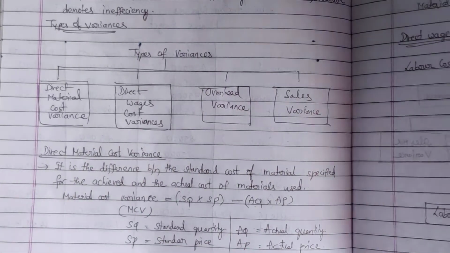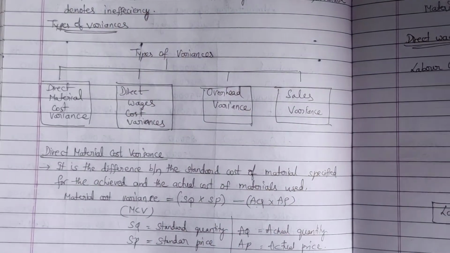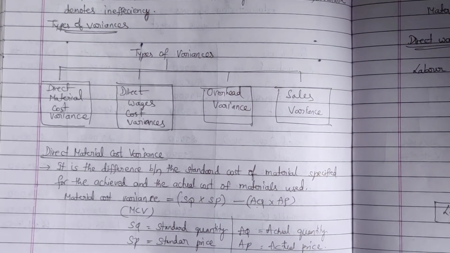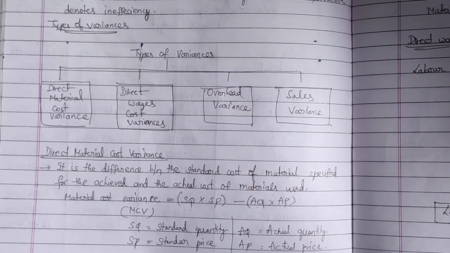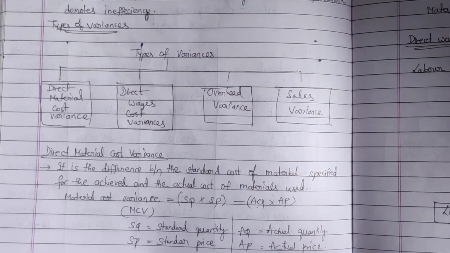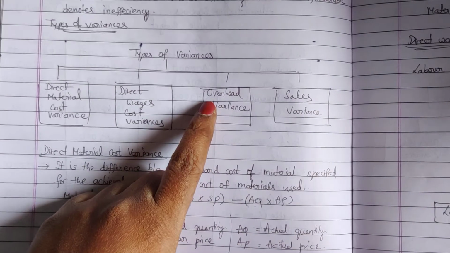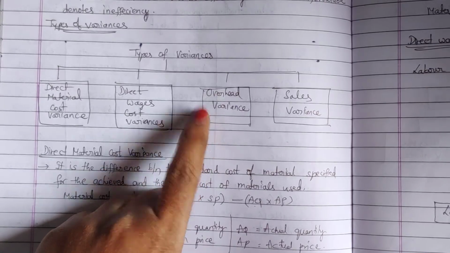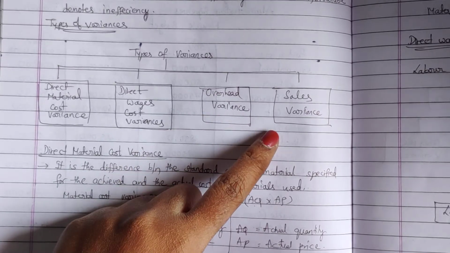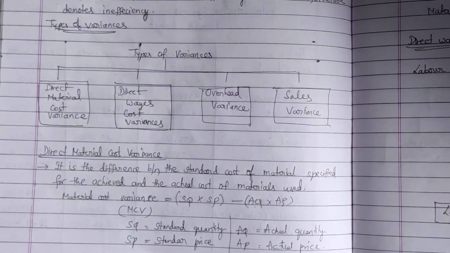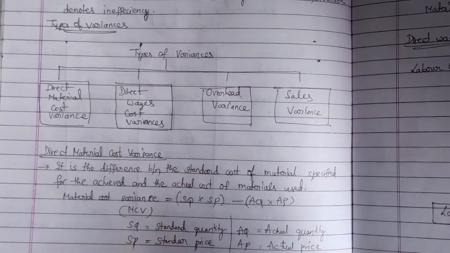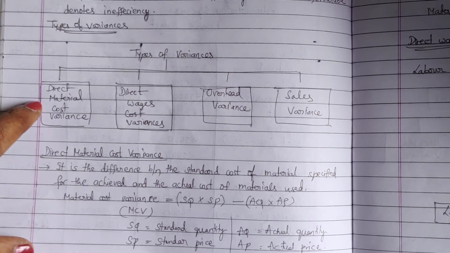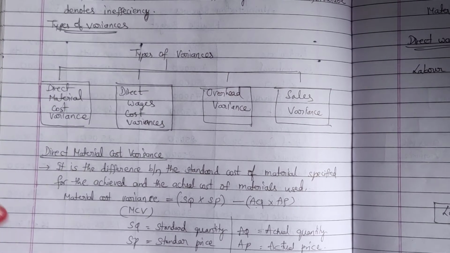Overhead means any other expenditures that we have to incur to produce the products. That is what we call overheads. So we have to find out those overheads also. And then sales variance. What is the standard sales and what is the actual sales? What is the difference between those two, and we have to find out the variance. So like that we have 4 types of variances. We will see them one by one.